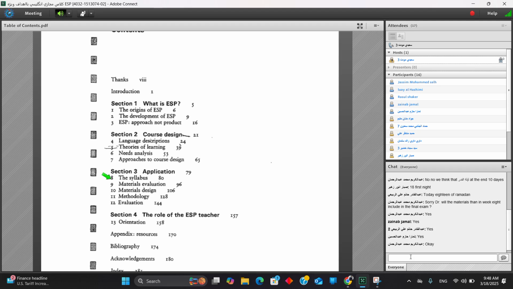Then we talk about methodology and material development, so chapters 10 and 11 will be part of the course. Then we will have material evaluation, chapter 9, and then evaluation and assessment, chapter 12. But be careful, chapter 5 is not directly in the exam, so there is no need to study it.